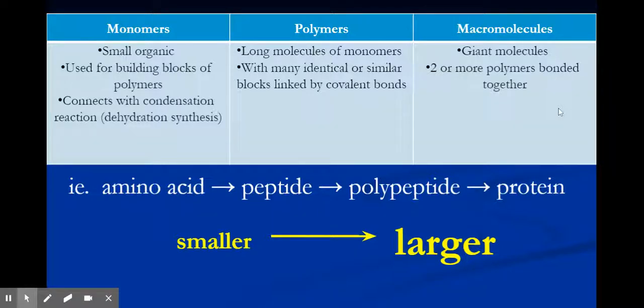We could start to build peptides, in this case when we're talking about amino acids building up to proteins, and then we get into a little bit longer of a chain. Now we get to polypeptides, many peptide bonds. Finally, we get to our giant molecules, and these are typically composed of thousands, if not tens to hundreds of thousands of units. So we're definitely well beyond these small individual monomers, or even the in-between polymer phase.